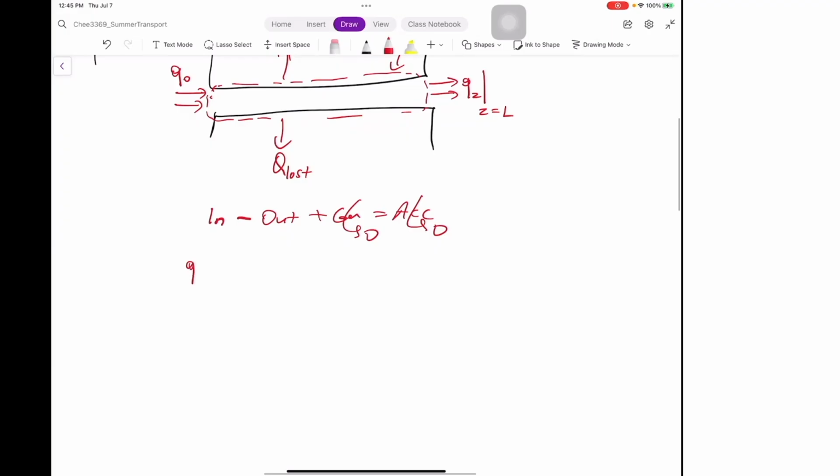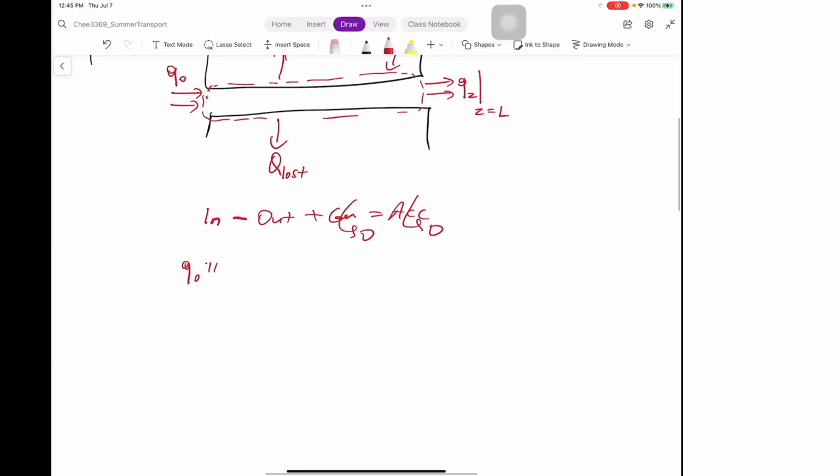In is Q0, the flux times area, pi r squared. Minus one out is the Q lost to the surrounding. And then the other out is QZ at Z equal to L times pi r squared, equal to 0.